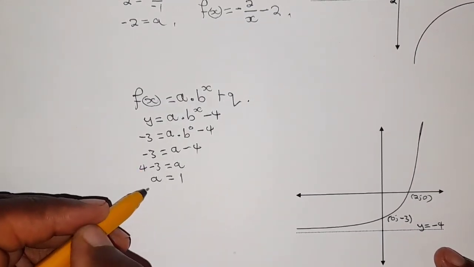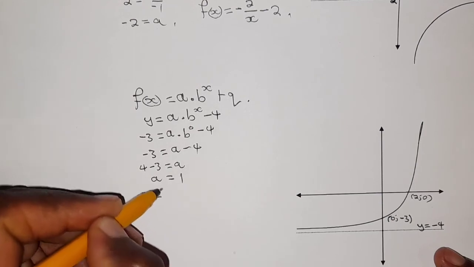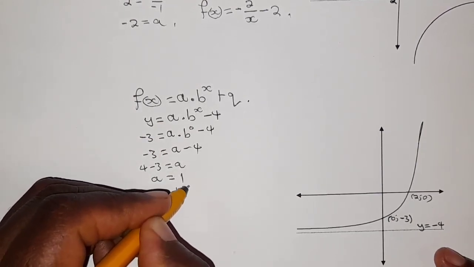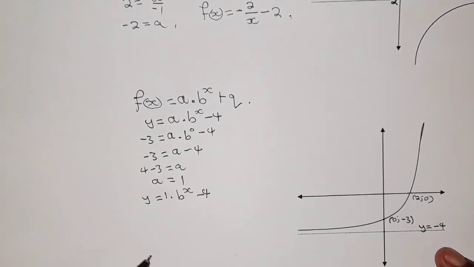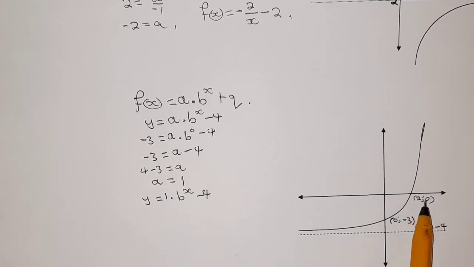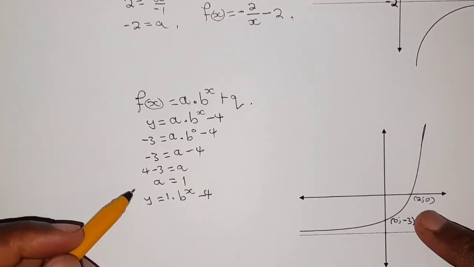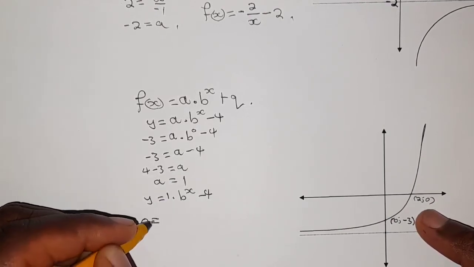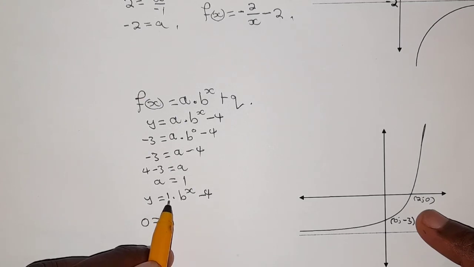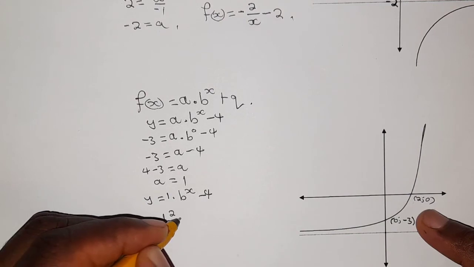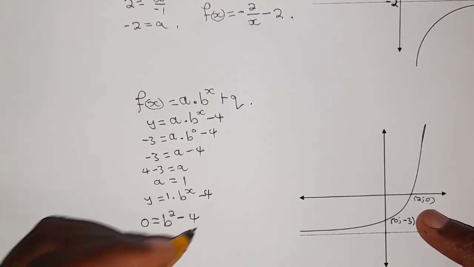So we now have y is equal to, my a is 1 times b to the power of x minus 4. We now have only one unknown which we need to determine. Let's now use the x-intercept. My x is 2 and y is 0. So it's 0 is equal to, I can ignore the 1, b to the power of 2 minus 4.